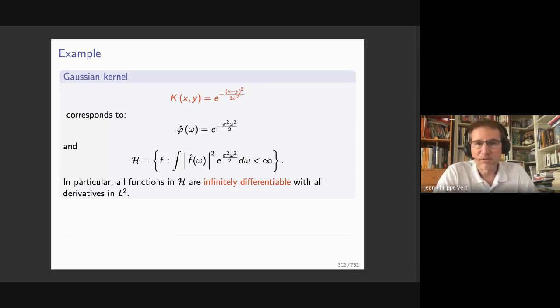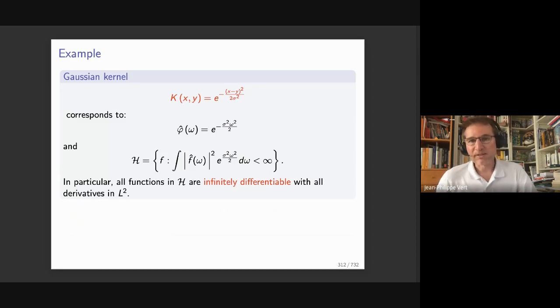If you check on Wikipedia or some textbook on signal processing or functional analysis, you can easily verify that the set of functions whose Fourier transform decreases exponentially to 0 is in fact exactly the set of functions which are infinitely differentiable. Just to clarify, you may remember that the Fourier transform of the nth derivative is omega to the n times f hat of omega.